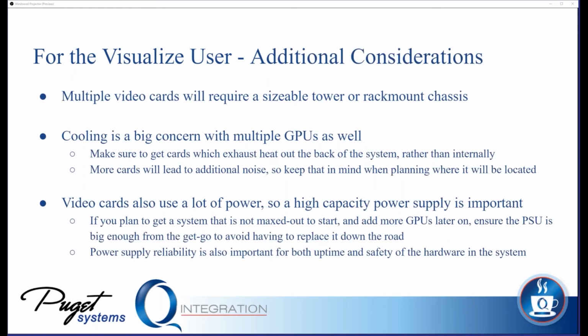And then some additional considerations that are specific to a system like this. Multiple video cards means you're going to need a fairly sizable tower or possibly a rack mount chassis. And it also makes cooling a big concern. This should be taken care of for you if you're buying a system from someone, but if you're into putting one together yourself, or if you're looking to get one and then expand and add more on later, it's important to make sure you get video cards that'll exhaust the heat out the back of the system.